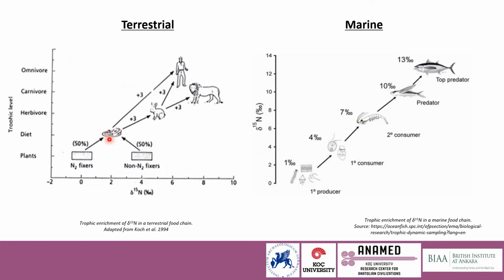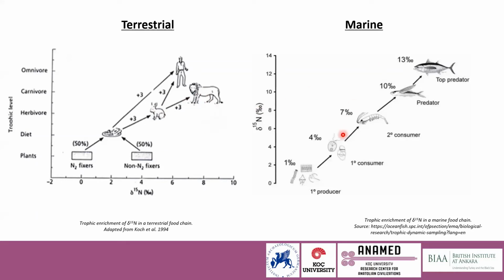If we start with the plants and then the herbivore, this little rabbit, they would have a +3 value compared to the plants, and then into the omnivores and carnivores, another +3. So plants will start at about 2 per mil in this example, and then the rabbit would be about 5, and then up to about 8 for the carnivores.